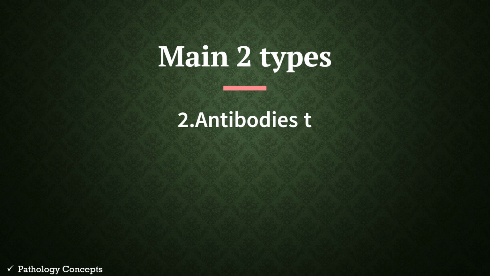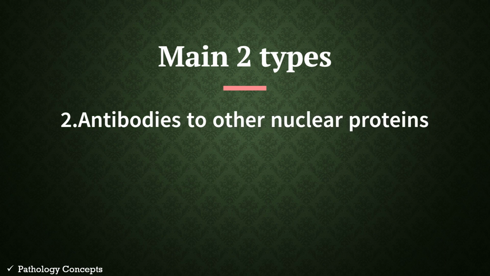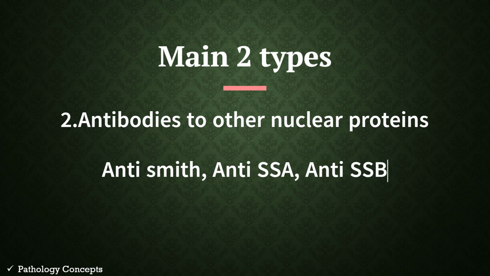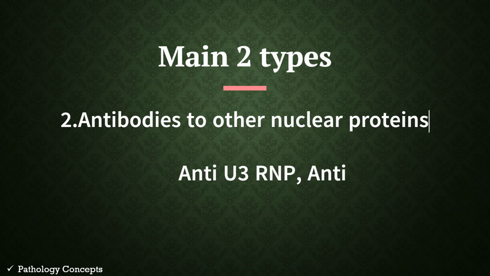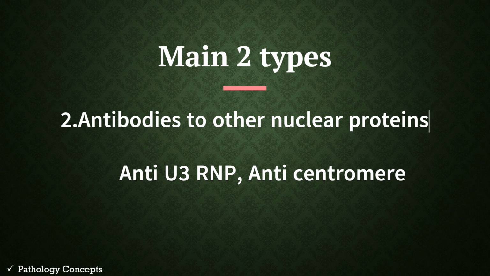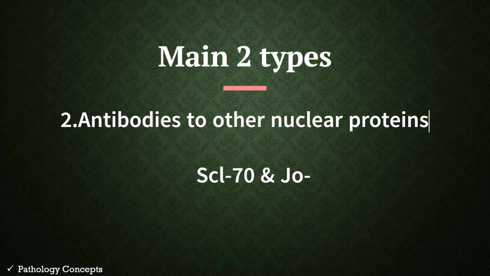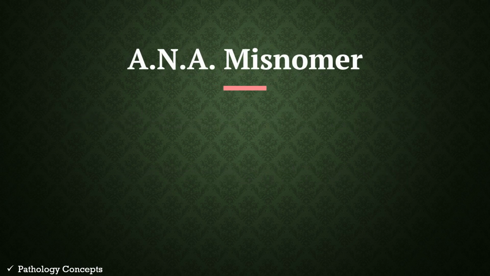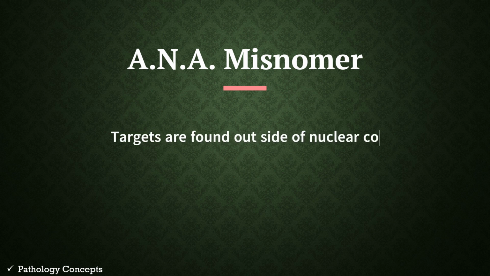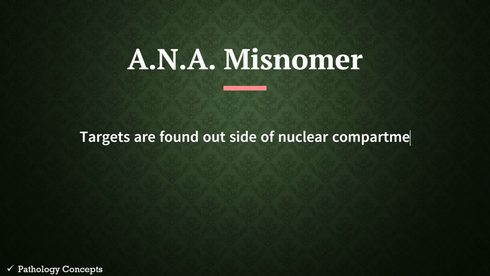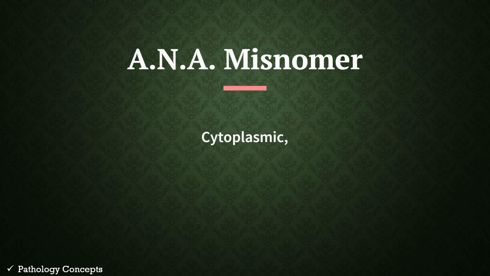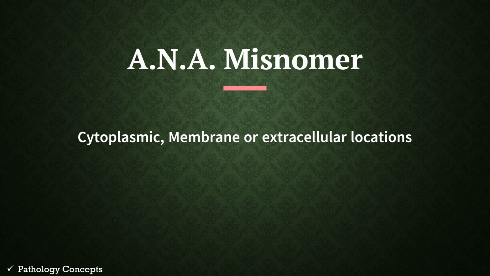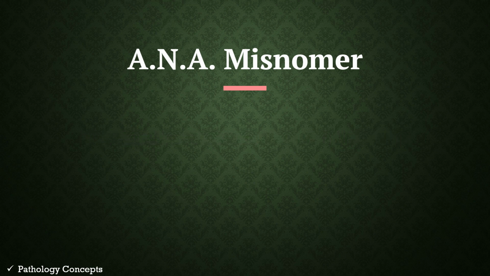The second is antibodies to nuclear material like anti-Smith antibody, anti-SSA, anti-SSB, anti-U3RNP, anti-centromere, SCL70 and Jo1. The classification of ANA is nowadays misused as their targets can be localized outside of the nuclear compartment also, like the cytoplasmic membrane or extracellular, even if the term ANA is still currently used in the clinic.